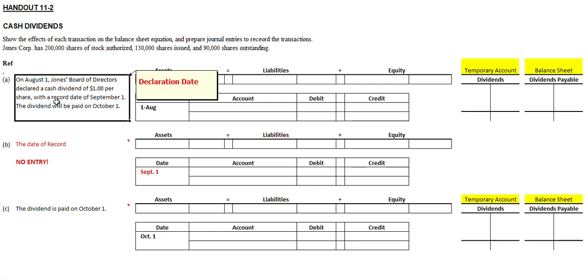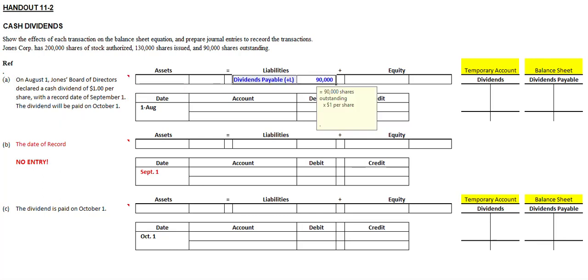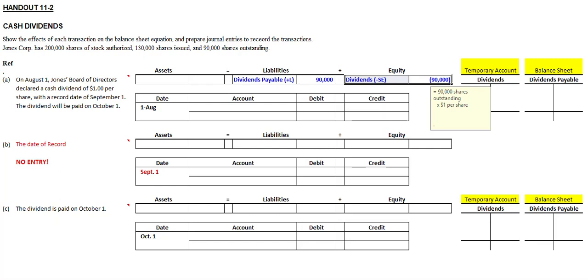So our journal entries on the declaration date, we're going to have a liability of $90,000. That's the 90,000 shares that are outstanding times $1 per share. And of course, we will then decrease equity by having a debit to dividends. So our journal entry will be a credit to the liability, dividends payable, $90,000.